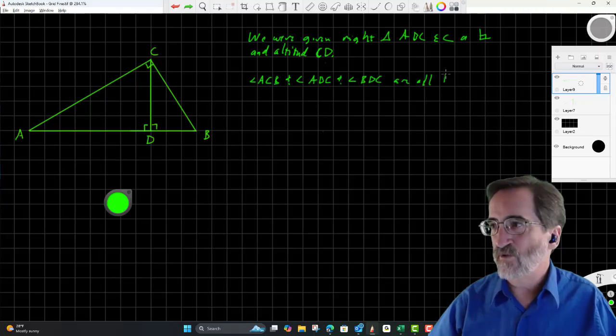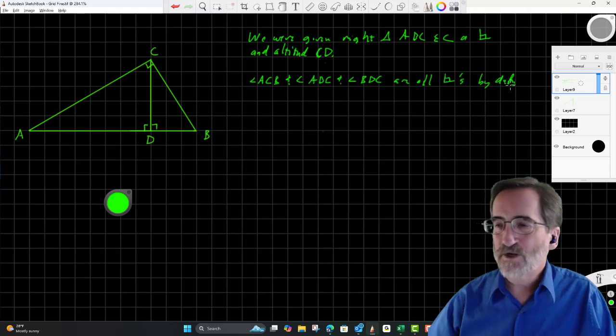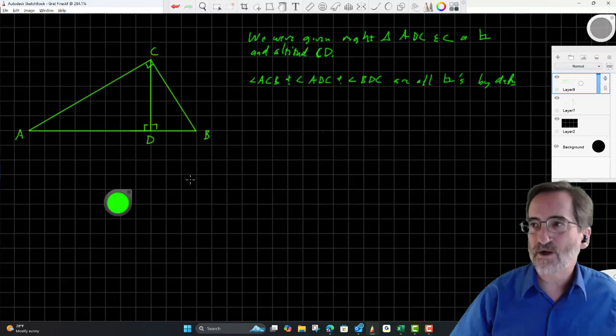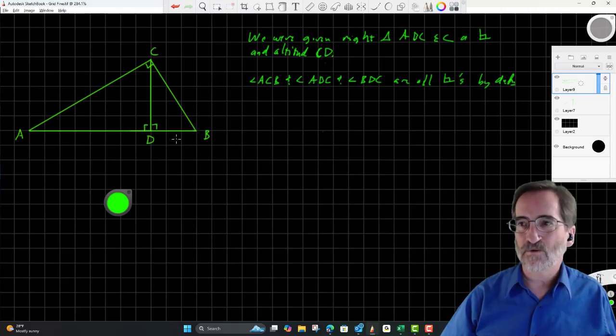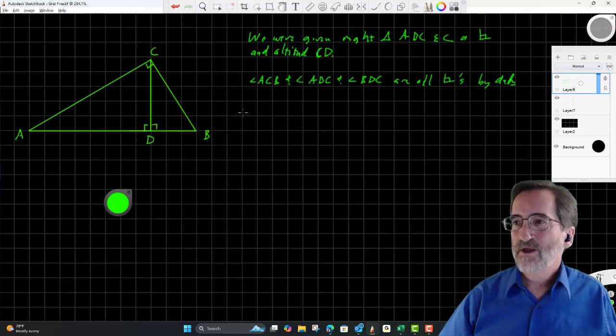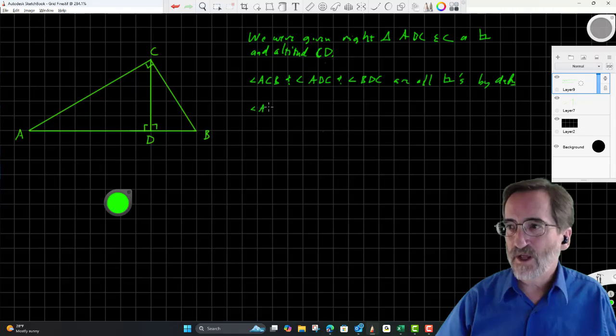Let me use the symbol for right angle. Right angles, by definition. By definition of right triangle, in the case of angle C, and by definition of altitude for the angle D's. Likewise, through the reflexive property, angle A is congruent to angle A.